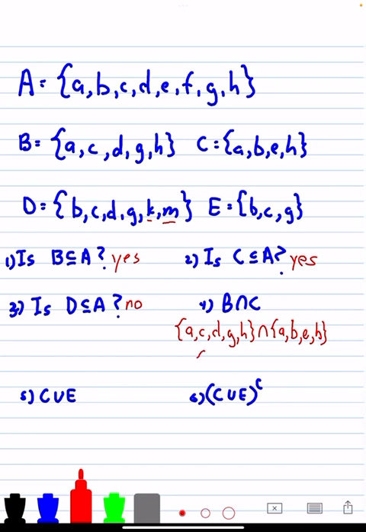And what they have in common are A and H. So that would be the intersection. Let me make sure this is a better looking H right here. A and H. That's how we do our intersection.